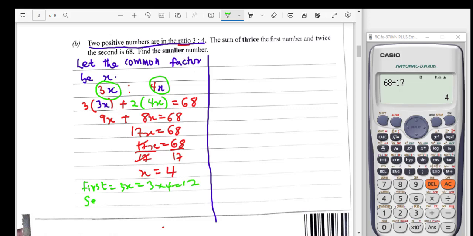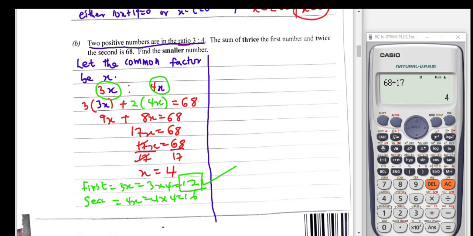The second number is 4x, which is 4 times 4, which is 16. So you can see that the smaller number is the first one, 12. That is a very simple way to solve it. If you want to use only one variable, I think that is easier than using two variables, because with two you have to solve simultaneous equations, and you're getting the same answer here.